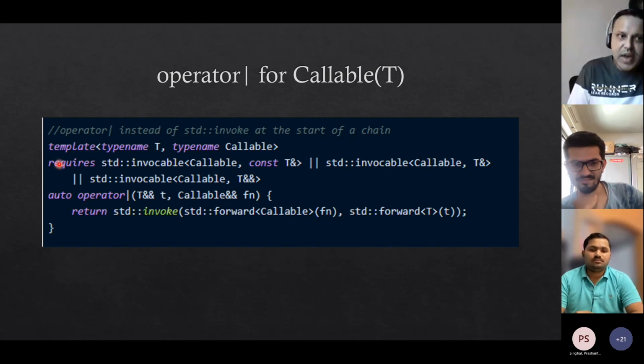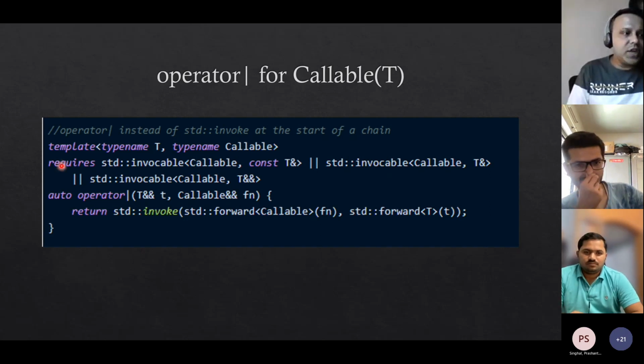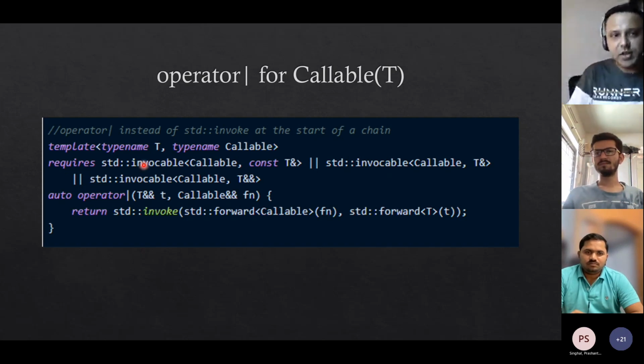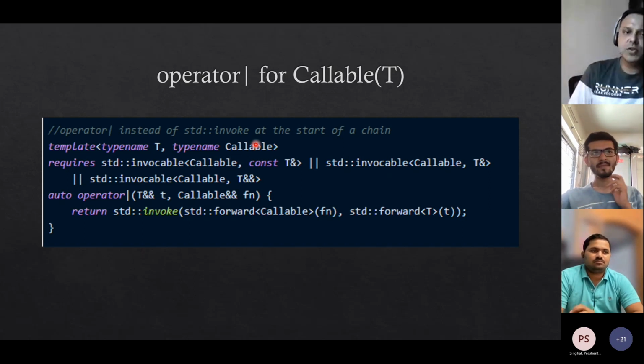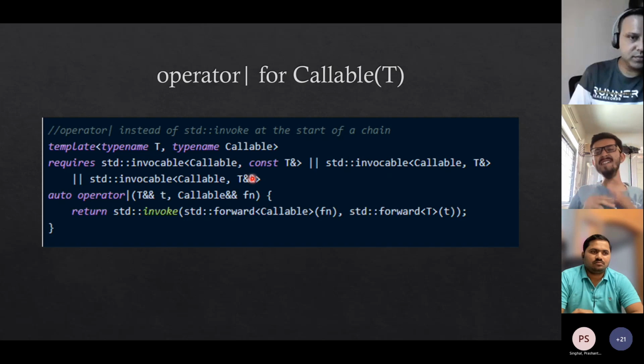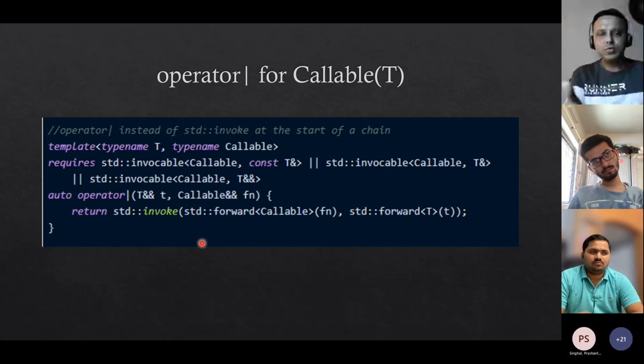So as an obligatory check, the compiler at the time of compilation will make sure that these clauses are fulfilled by the callable. So if your callable is able to be invoked with const T or T ref, this function is applicable and will be used by the compiler.